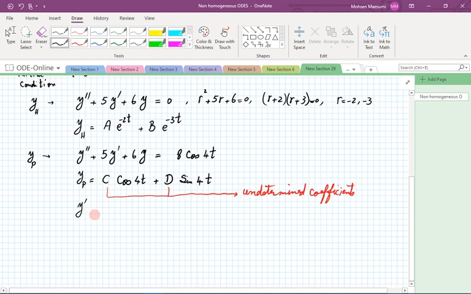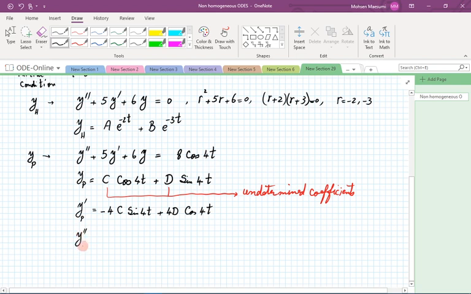So I need my y prime. So carefully apply the chain rule. A factor of 4 comes out in each case, so I'll have minus 4c sine of 4t, and then this one will be 4d cosine of 4t. You can call it y prime p, just so that we are careful who's who.